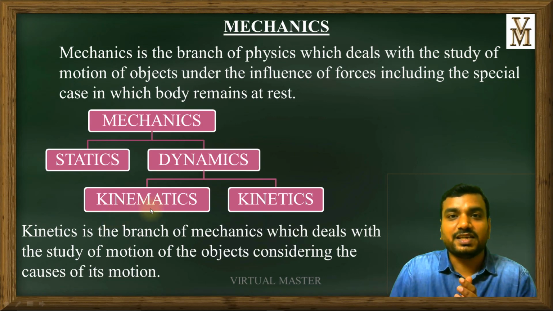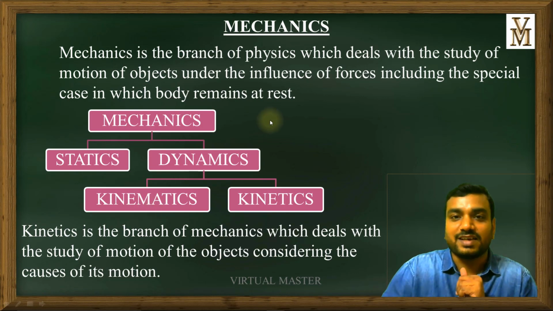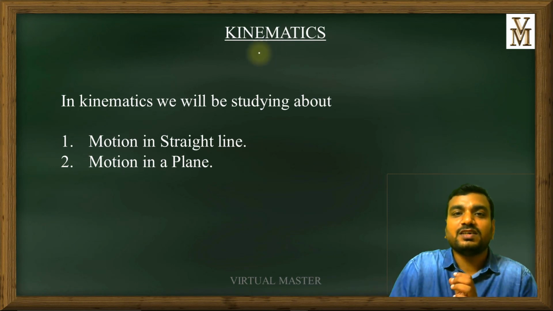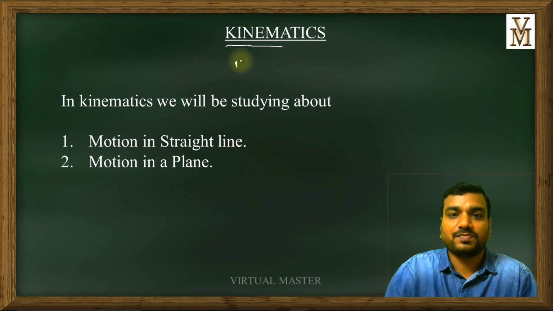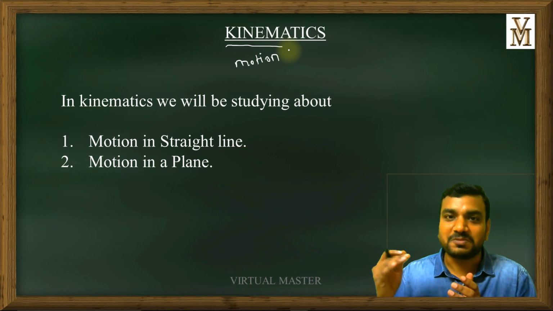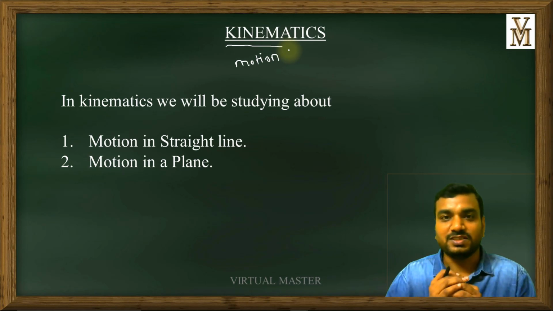Okay, let us discuss kinematics. Kinematics is derived from the Greek word kinema, which means motion, and matics means measurement. The name itself gives the definition of kinematics, that is measurement of the motion.